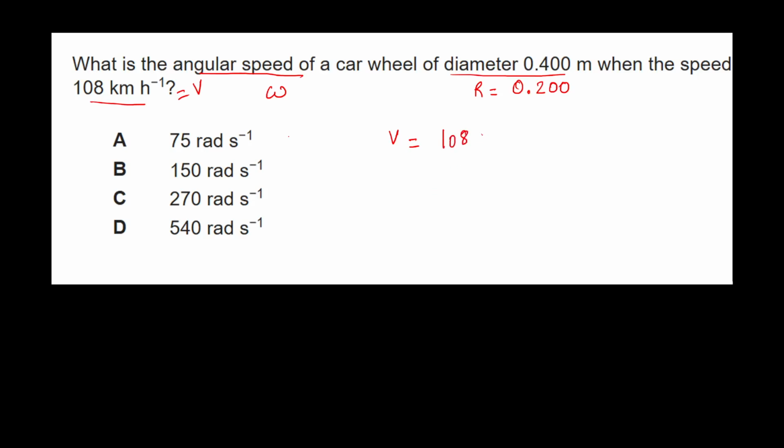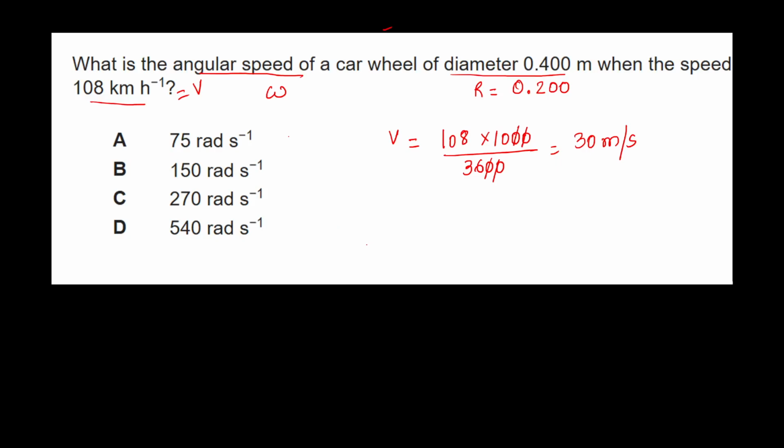So I'm multiplying it by 1000 and dividing it by 3600. Then I'm just solving it using the calculator, dividing 1080 by 36. I am getting the answer as 30. So my linear speed is 30 meters per second.